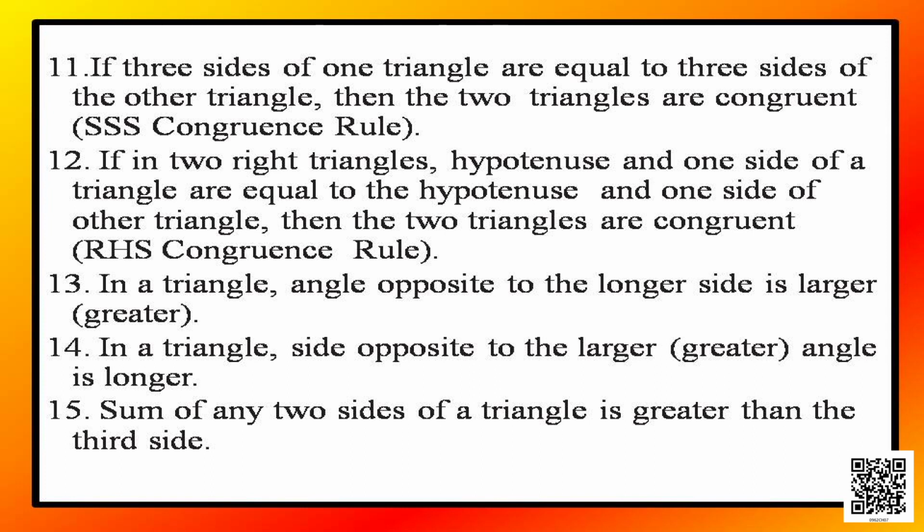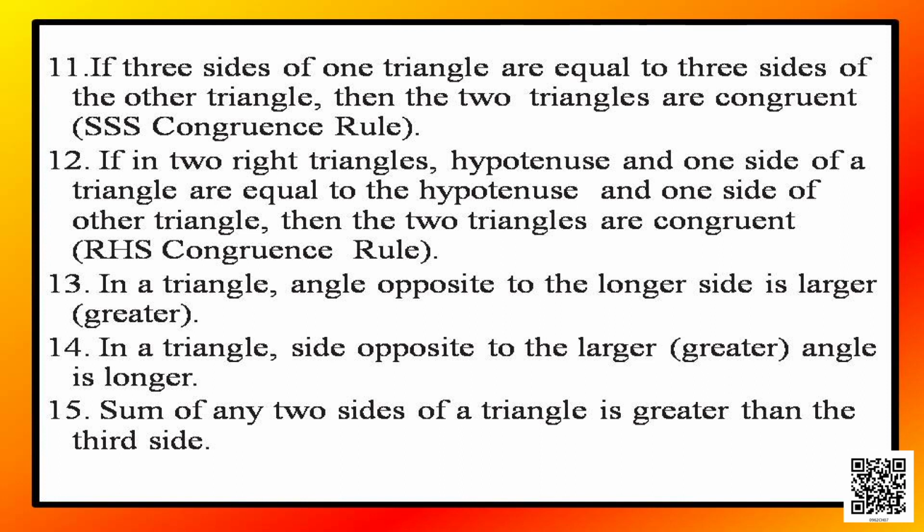12. If in two right triangles hypotenuse and one side of a triangle are equal to the hypotenuse and one side of other triangle, then the two triangles are congruent by RHS congruence rule. 13. In a triangle, angle opposite to the longer side is larger or greater. 14.